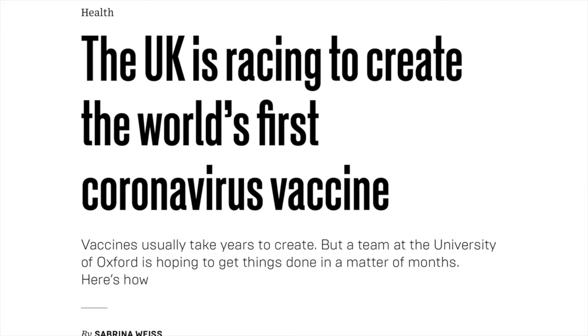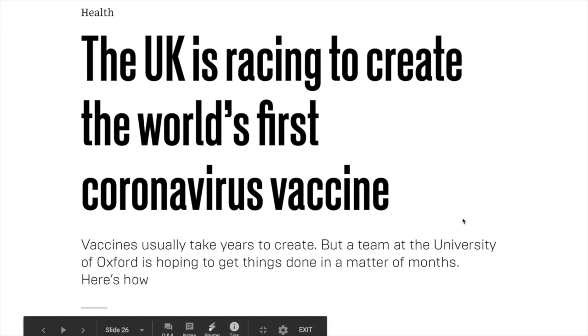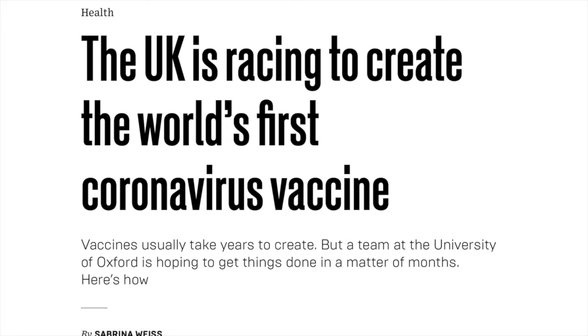You are all very, very lucky to live in this wealthy country with an excellent education system, with access to all these amazing things that we lose sight of at times. And so we have got amazing medicine and technologies, and so we're at the front of this. And it could well be that the vaccine that saves the world comes from the United Kingdom, which is at least something to be a little proud of.